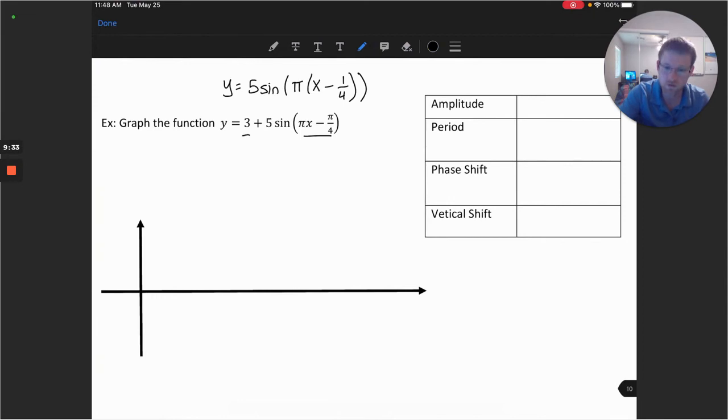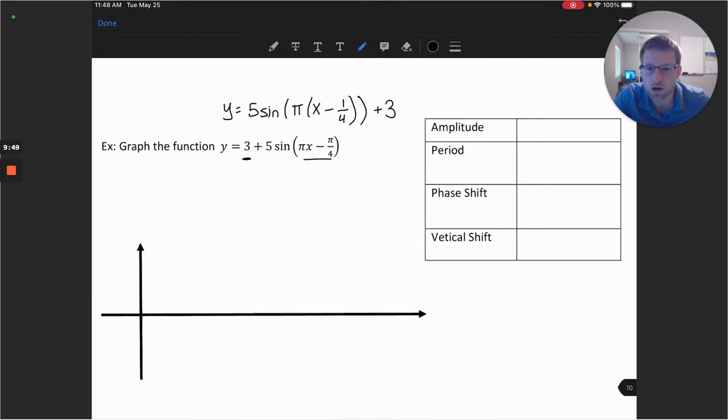And then I'm going to bring that 3 to the backside of this equation. All right, so I have a nice factored form here where I can identify all of my components. So let's try to walk through here and just fill in our table again before we try to approach the graph. So our amplitude A is going to be 5, so the absolute value of A is 5, so that's going to be our amplitude there.